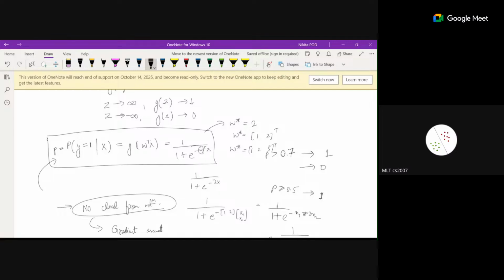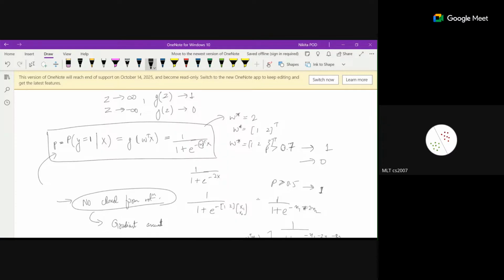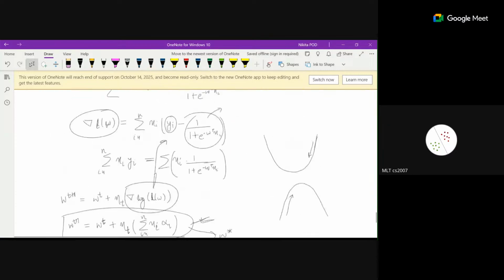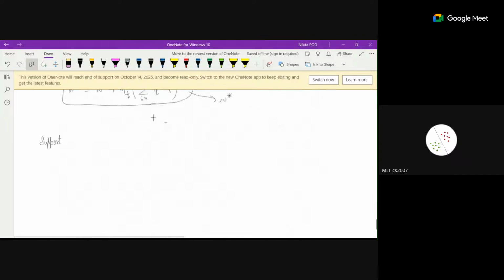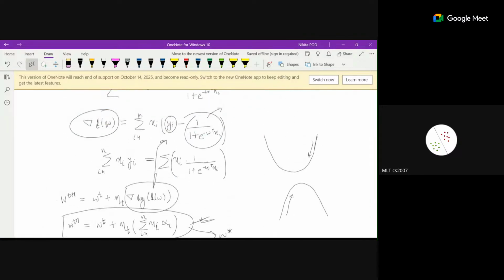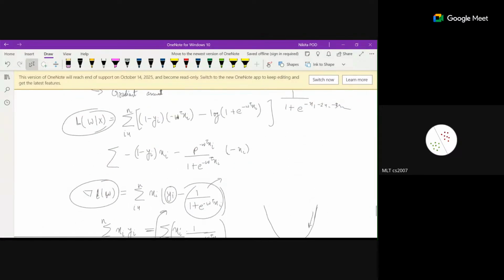This learned W will be given to you. We use this gradient ascent algorithm to find W, and we have also seen that it gives us a good solution for logistic regression.